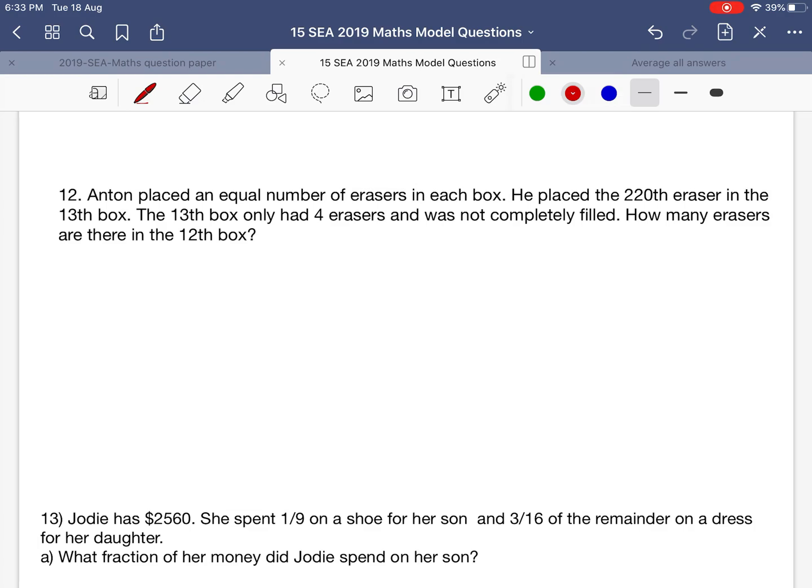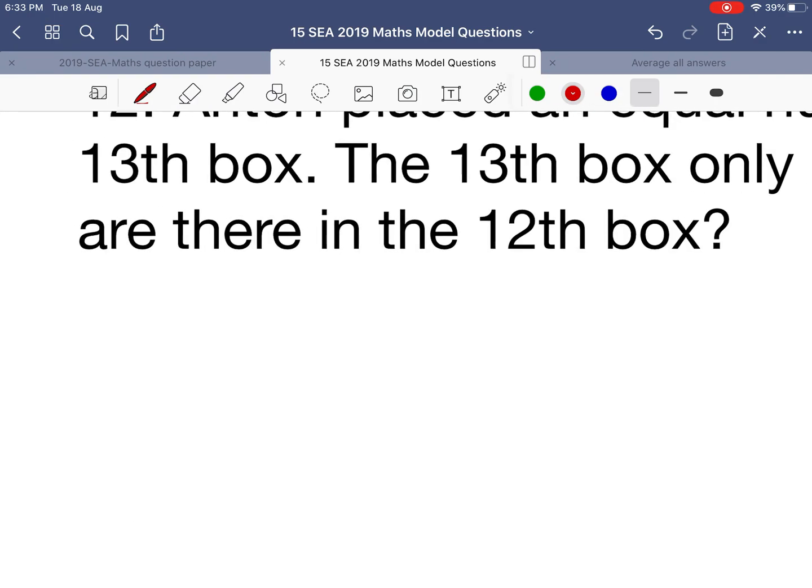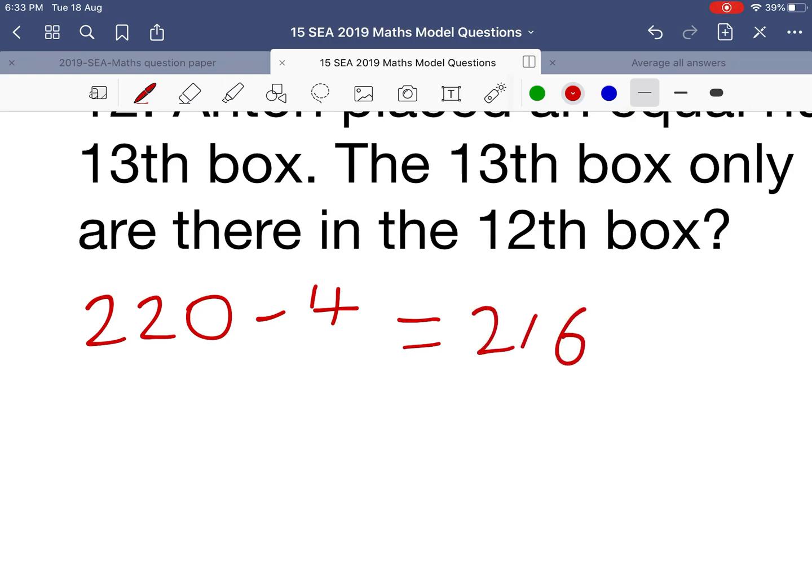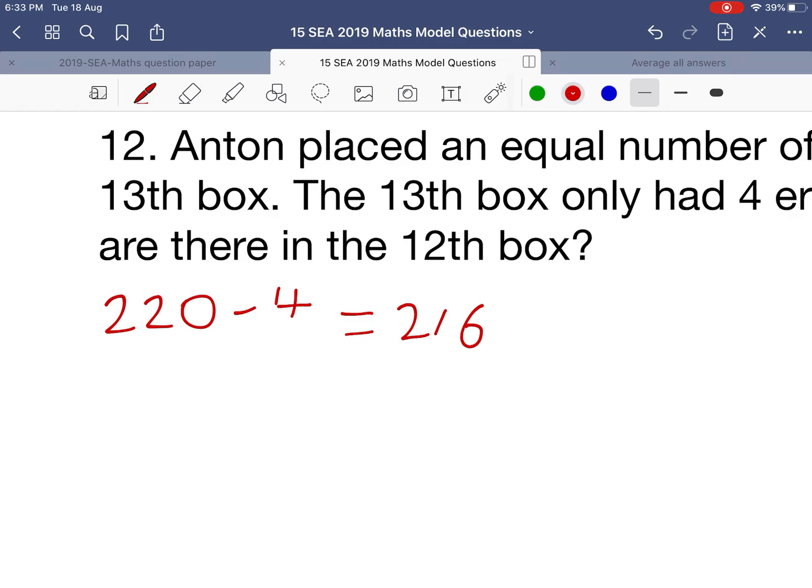So we are seeing that the 13th box only had 4 erasers. So let's start by taking away the 4 erasers, which were in the 13th box. Of course, that's easy. We'll get 216 erasers. So this 216 erasers will be for the 12 boxes.